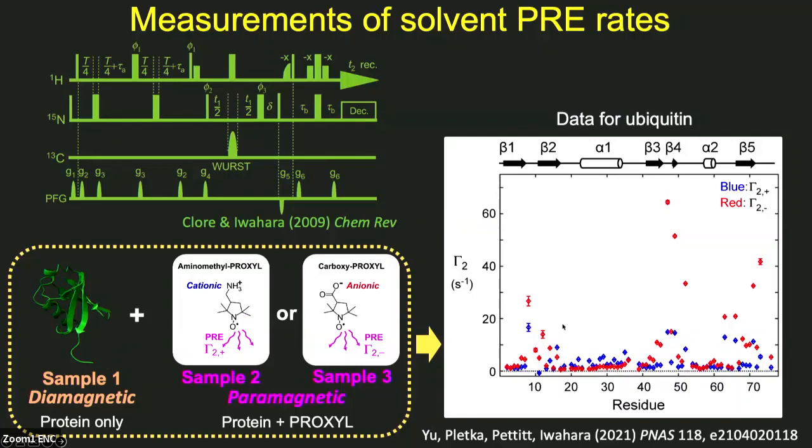And this is PRE data measured for ubiquitin using either this or this proxyl derivative. And here, gamma-2 values are quite different for each residue because the electrostatic bias for these 2 are quite different due to different charges.